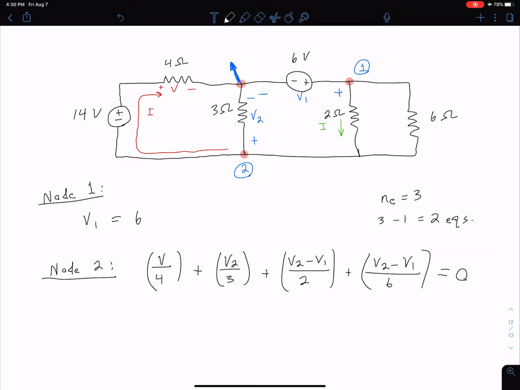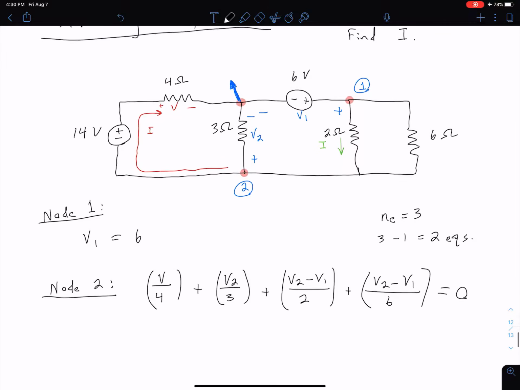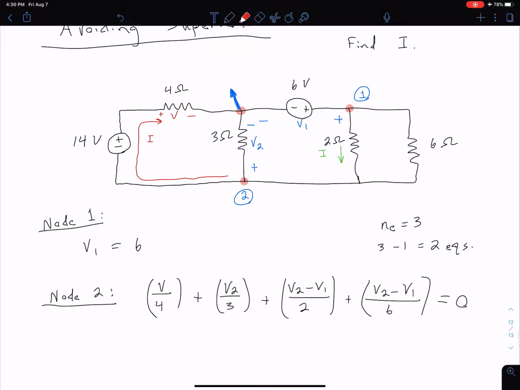Like I mentioned in the previous video, we could just combine the 6 and 2 ohm resistors in parallel, but because we're looking for I, we'd ultimately have to separate them out again at the end. So whatever you prefer to do is fine. Now we need to figure out what to do with this voltage V to get it in terms of our node voltages. What we can do is just a KVL around here.